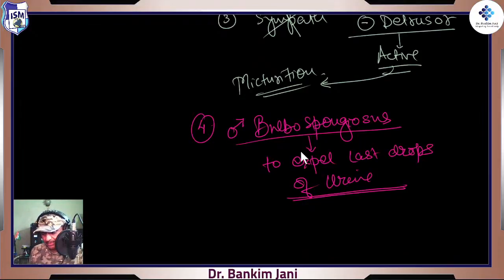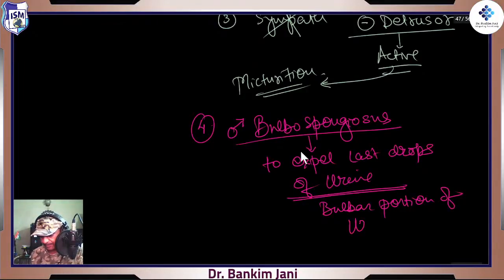But in this case, the bulbospongiosus expels the last drops of urine, because that was the urine which was in the bulbar portion of urethra. So you remember that bulbar portion, right? This bulbar portion, and then the penile portion. Penile portion, that's okay.